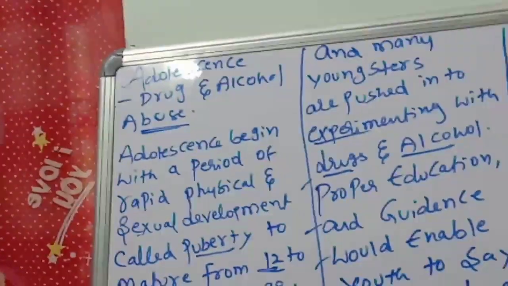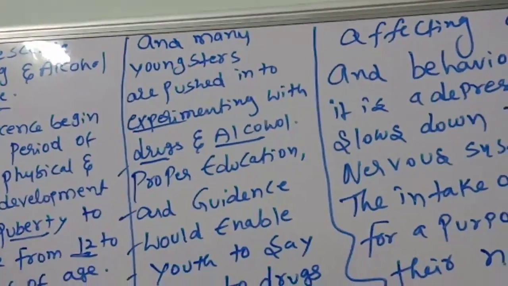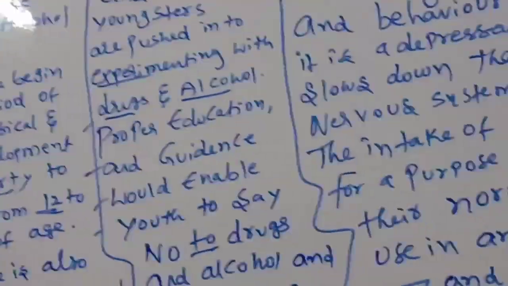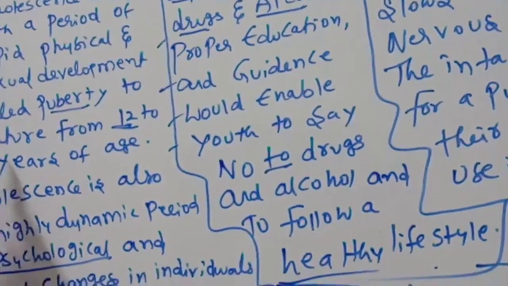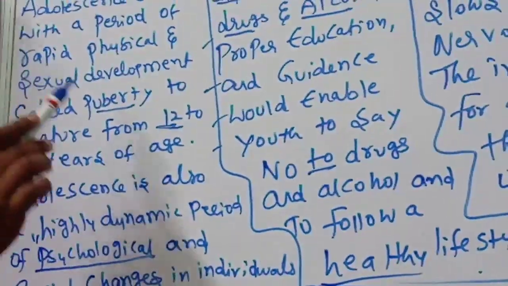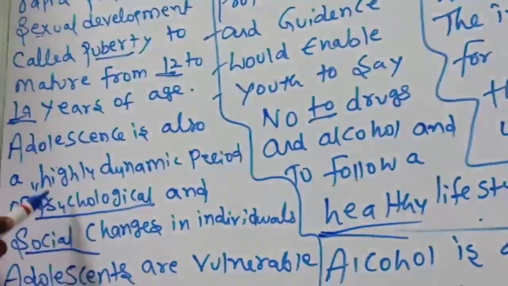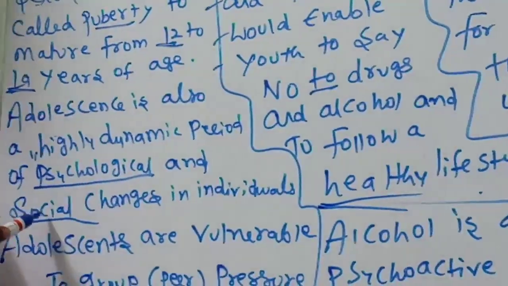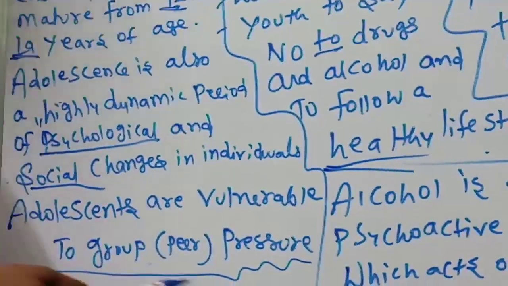Okay, children, adolescence begins with a period of rapid physical and sexual development called puberty, to mature from 12 to 19 years of age. Adolescence is also a highly dynamic period of psychological and social changes in individuals. Adolescents are vulnerable to group pressure.